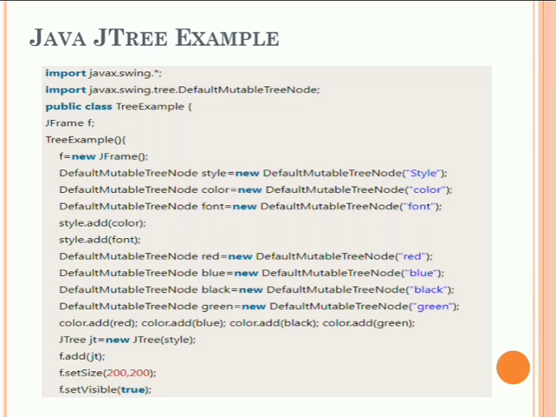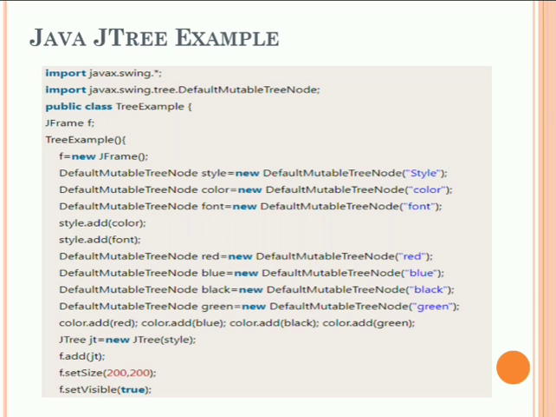Public class TreeExample, JFrame f, TreeExample. f is equal to new JFrame. DefaultMutableTreeNode style is equal to new DefaultMutableTreeNode("Style"). DefaultMutableTreeNode color is equal to new DefaultMutableTreeNode, we are writing it as "Color".